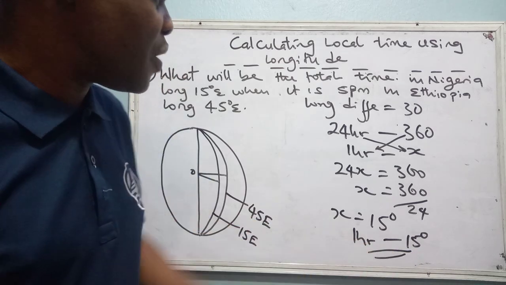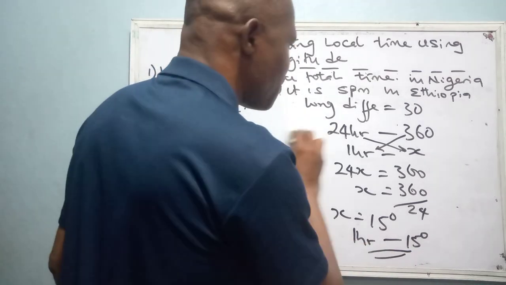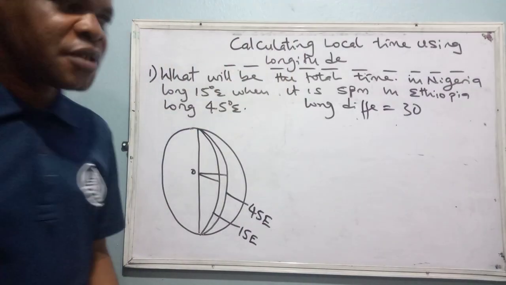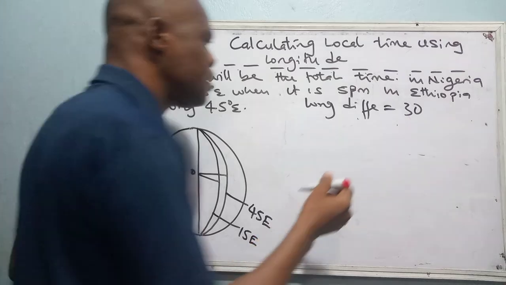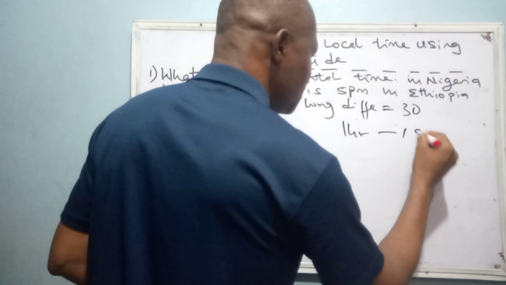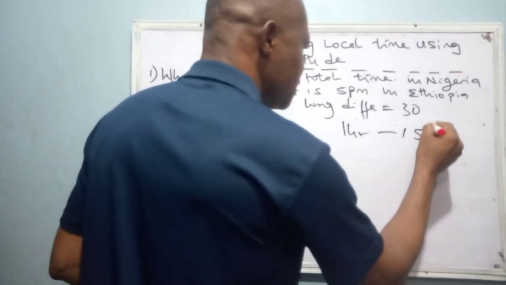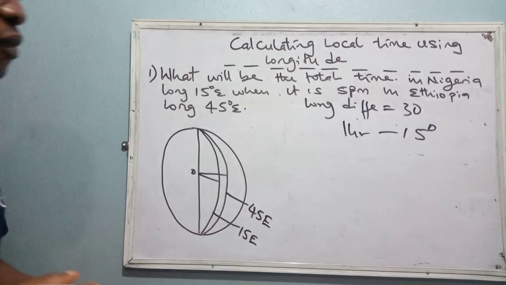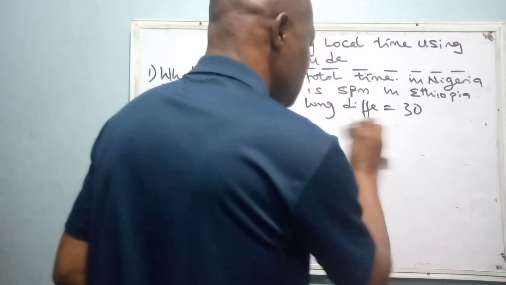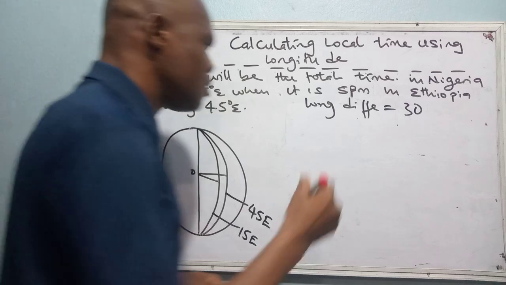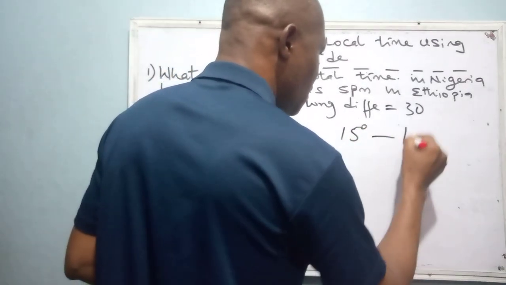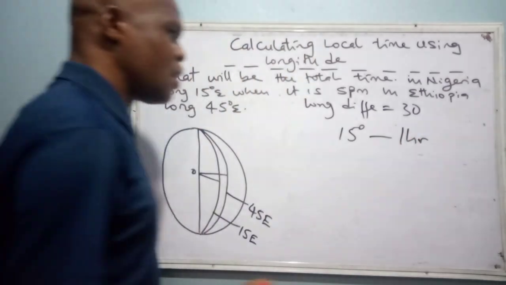We're going to use this convention to solve our problem. So let's proceed. We have it that 1 hour covers 15 degrees. Okay, let's change it the other way around to help us do the mathematics well. So 15 degrees will be covered in 1 hour.